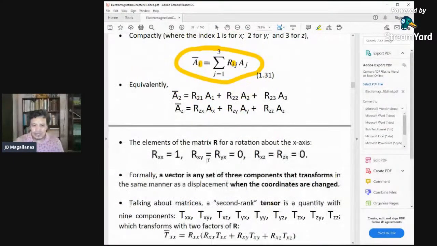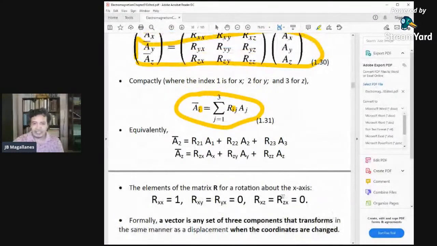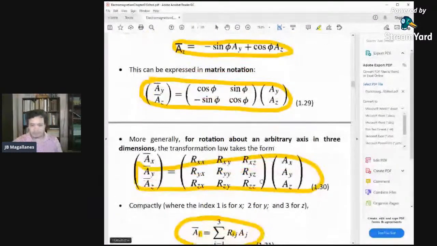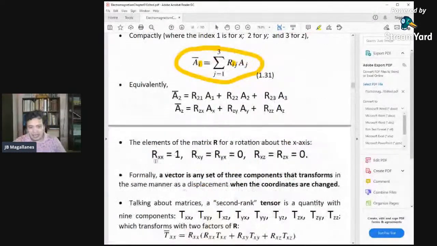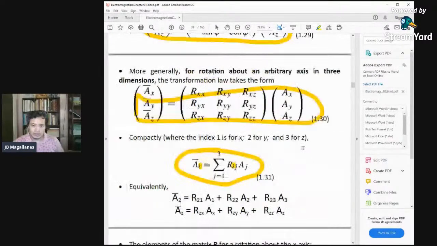So for the elements of R in the rotation about the x-axis here, as I've said, Rxx is equal to 1, Rxy is equal to Ryx equal to 0, and then Rxz equals Rzx equal to 0 here.